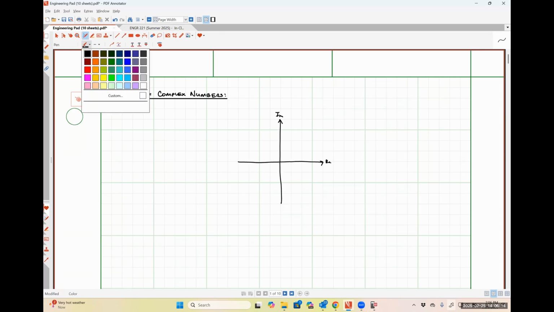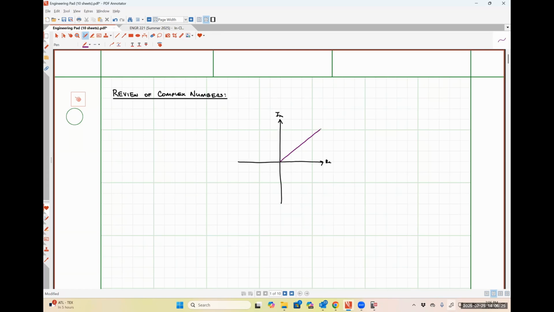So I am going to draw an arbitrary complex number on our complex plane here, something akin to this. Okay. So I'm going to call this complex number A, and I'm going to denote that it is a complex number by putting a bar over the top of it.